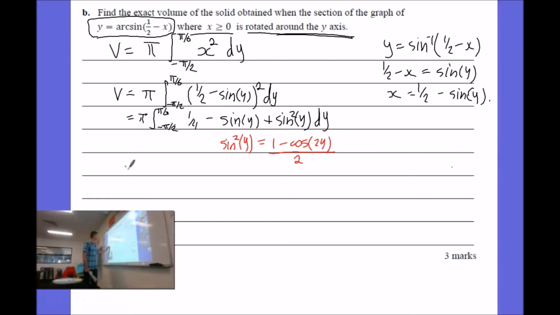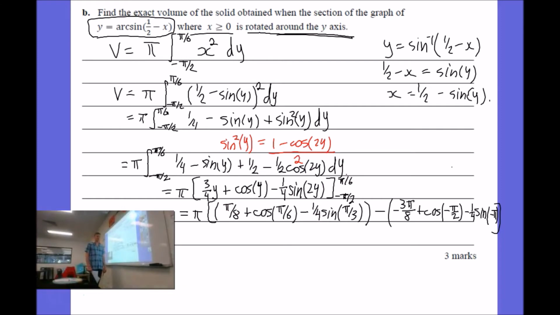So now our volume becomes quarter minus sine of y. Now let's substitute this in for the sine squared. We've got plus quarter times half minus half cos of 2y. And we integrate all that with respect to y, and now each term is integrable.